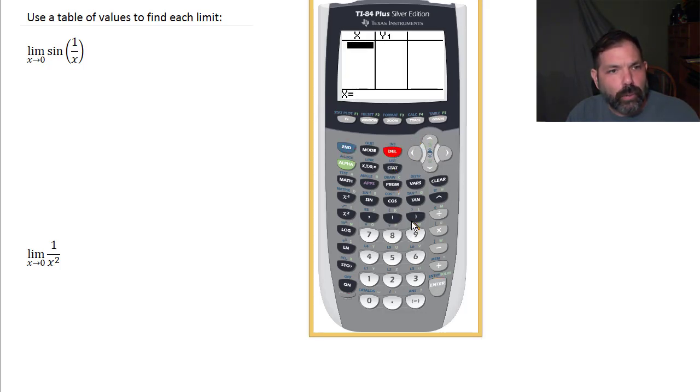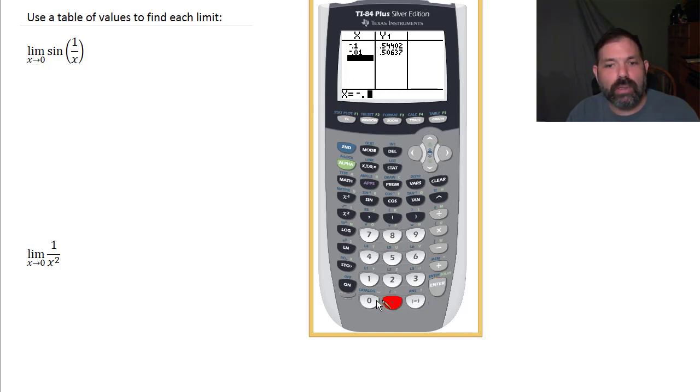And if we let x approach 0, let's start from the left. Negative 0.1. All right, not too bad. Negative 0.544. Now negative 0.01. Negative 0.506. That's not so bad.